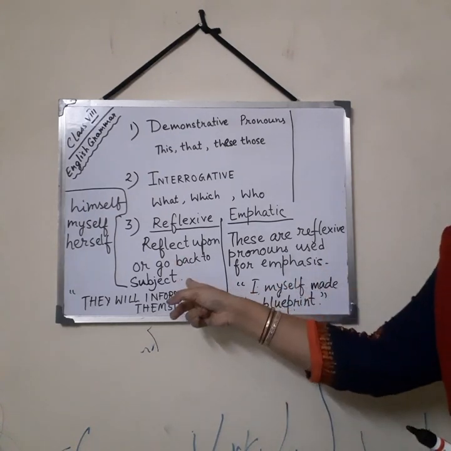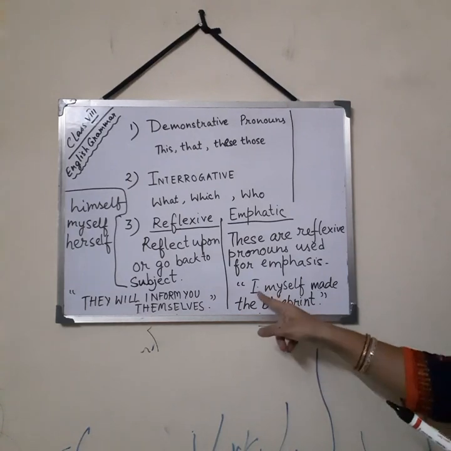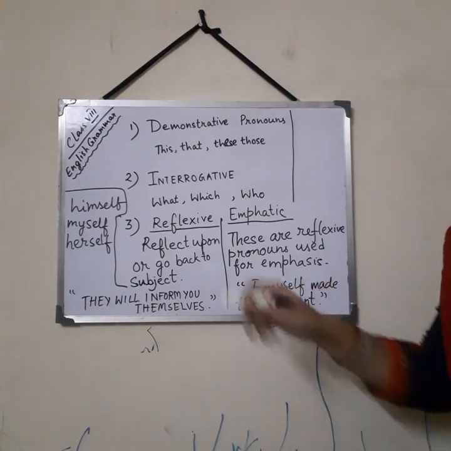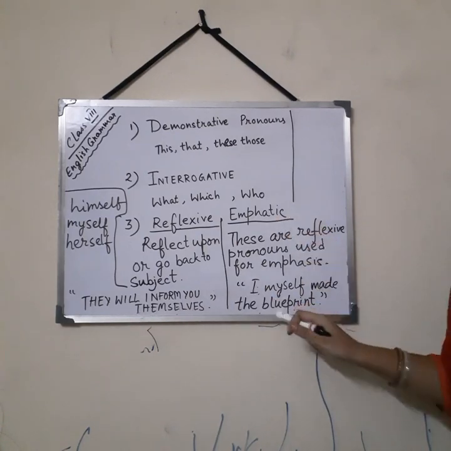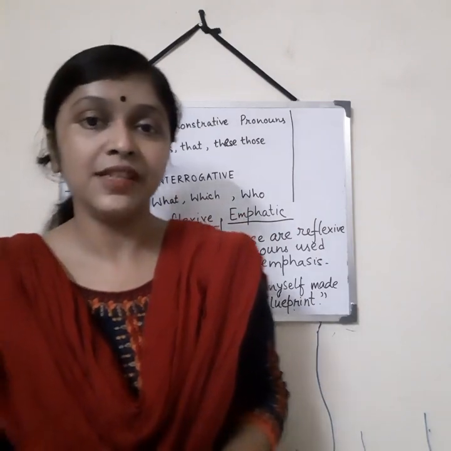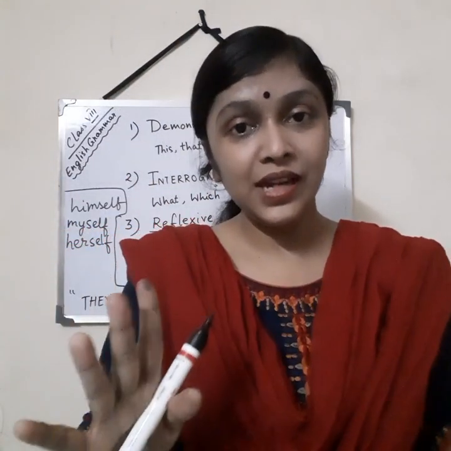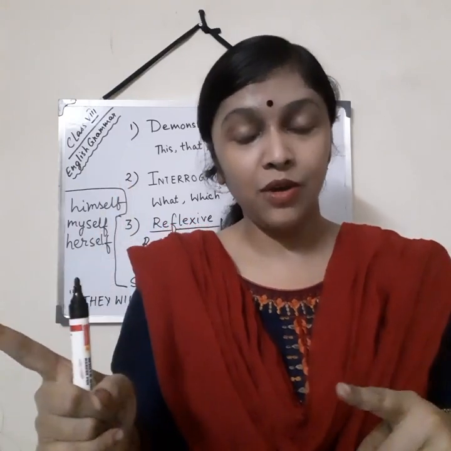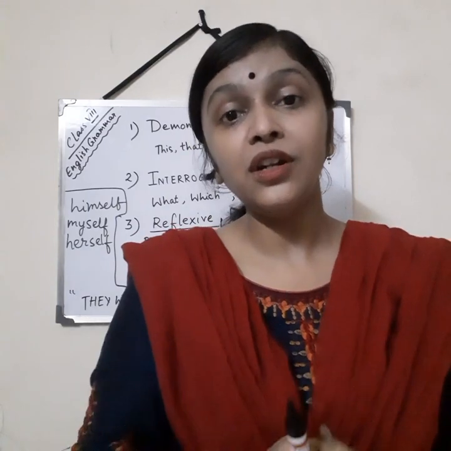So this kind reflects upon the subject and this kind gives emphasis on the subject. Hence this one is called a reflexive pronoun and this one is called an emphatic pronoun. The words are the same. Himself, herself, myself, themselves, yourself. All these words are the same, but a reflexive pronoun reflects back upon the subject, so it is placed a bit further away from the subject.